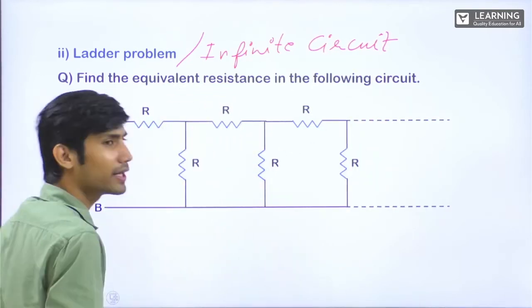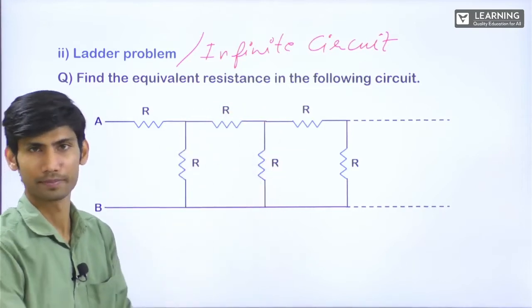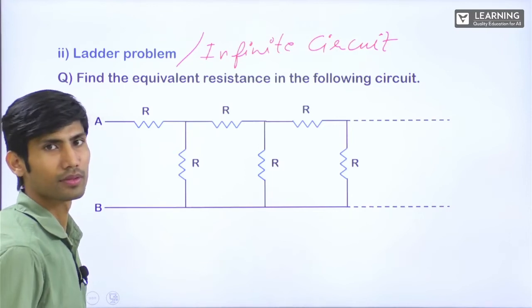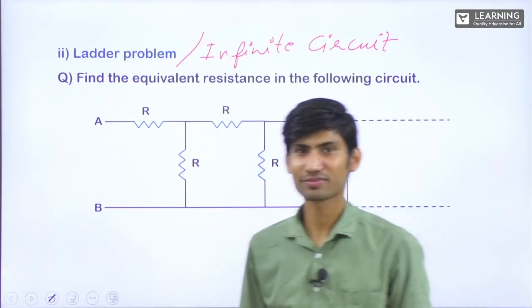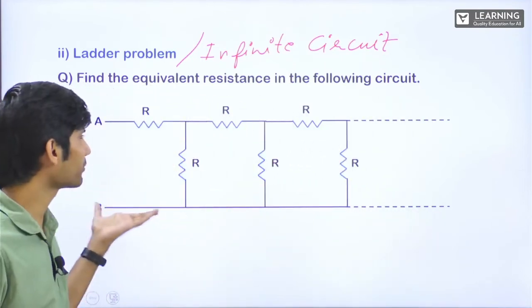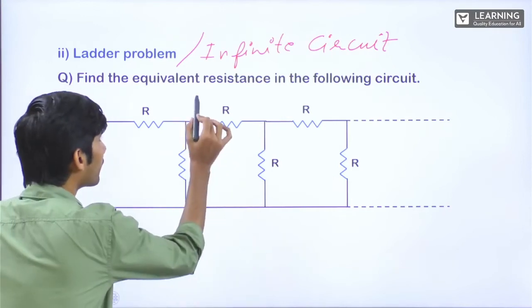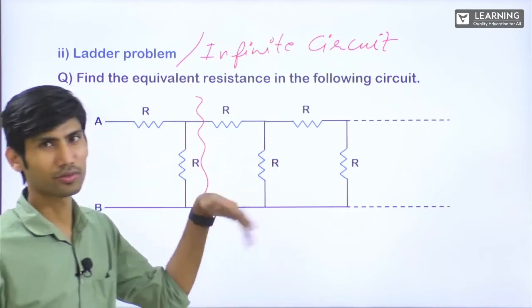Whenever you get an infinite series, an infinite circuit, there will always be a symmetry. How to do this? You would have done AP, GP in your maths, right? Similar. You just have to find from where the sequence is the same. Infinite series you would have done, right?